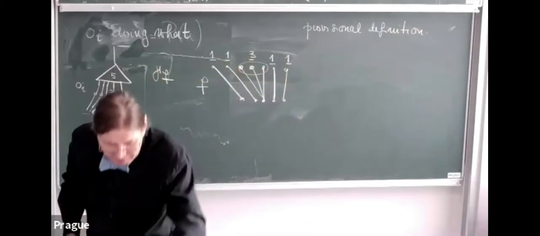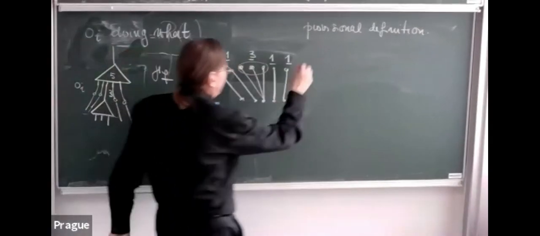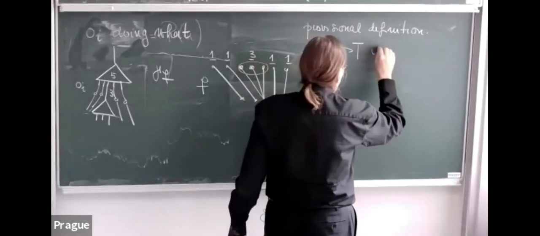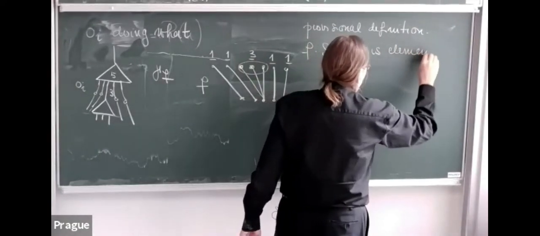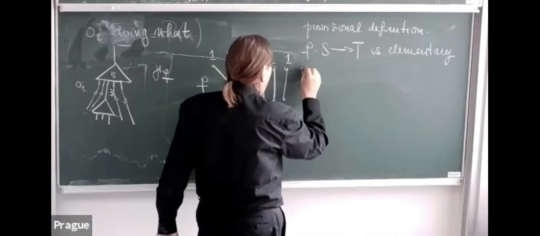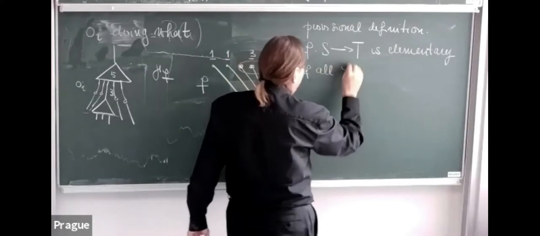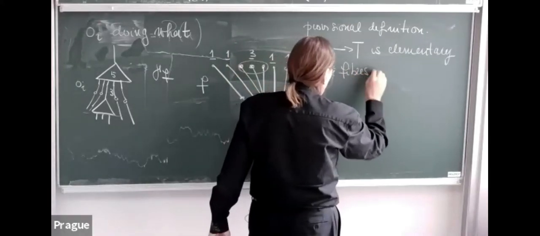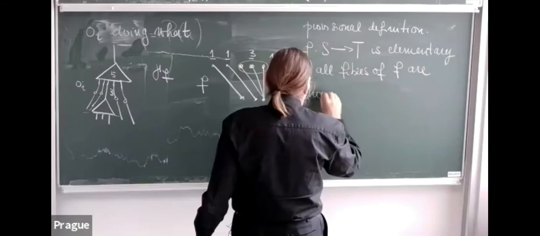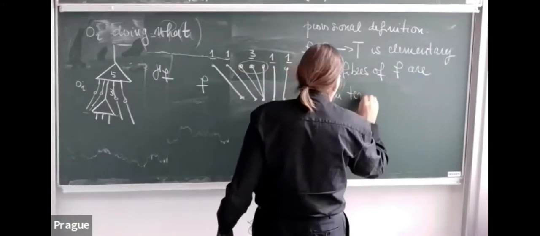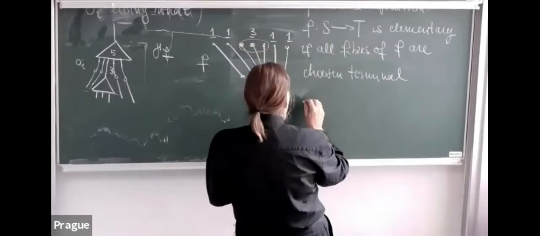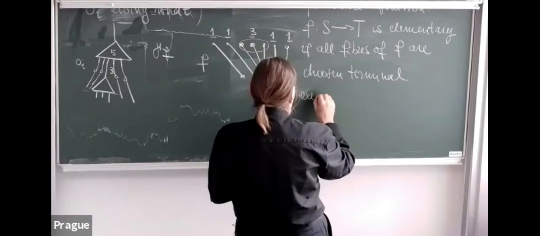I say that the map F is elementary if all fibers of F are chosen terminal except precisely one.